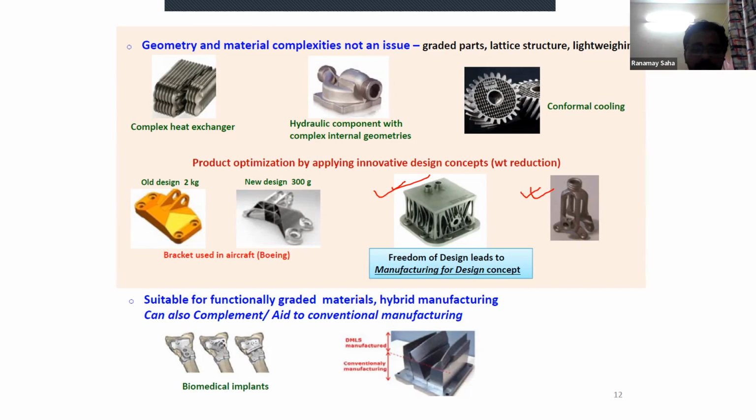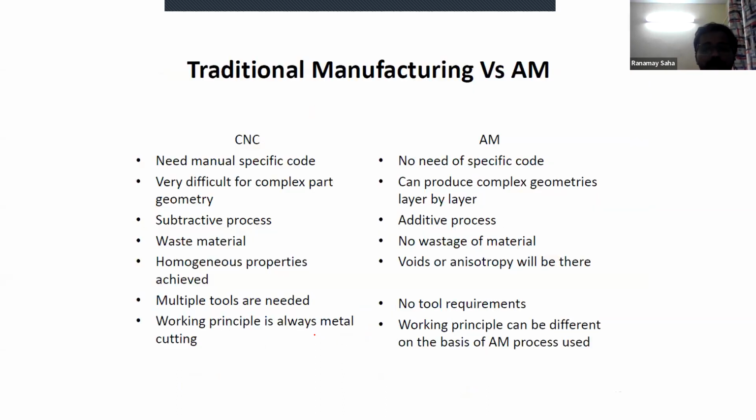Hybrid manufacturing can also complement, that is, you can use it in conjunction with conventional manufacturing processes. In the case of biomedical implants, additive manufacturing is now also being widely explored.